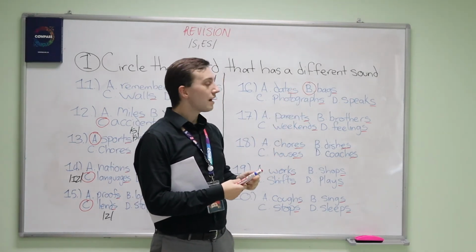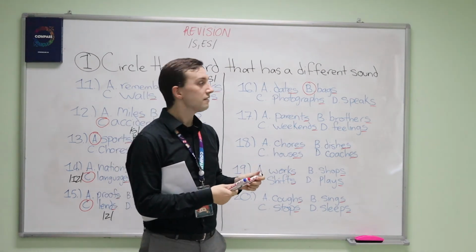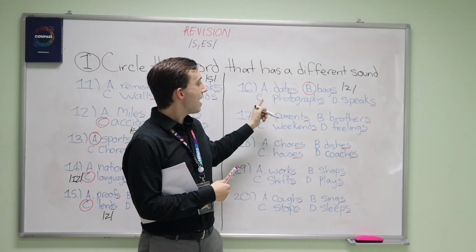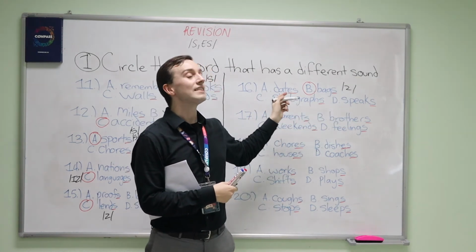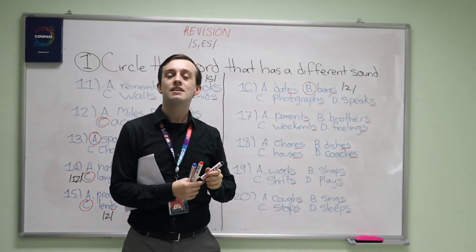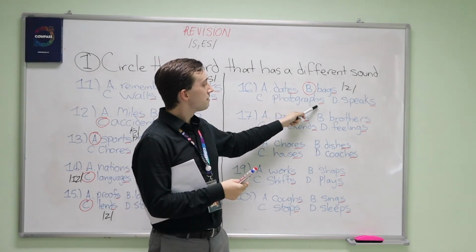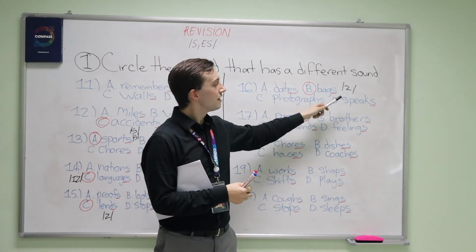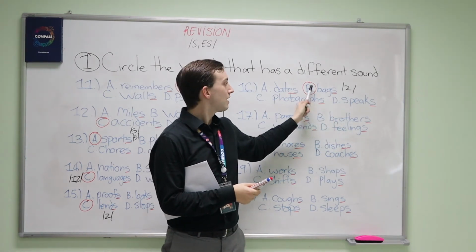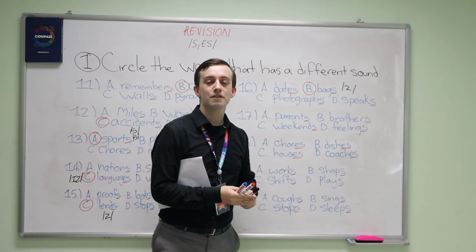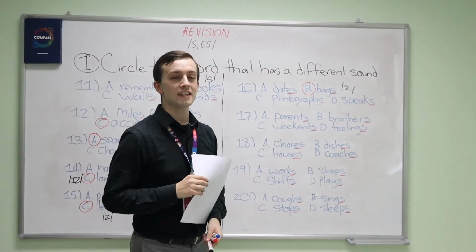In bags, letter S makes the sound Z. But in A, C, and D, S and ES make the sound S. Dates. Photographs. Speaks. And B different. Bags. Different pronunciation.